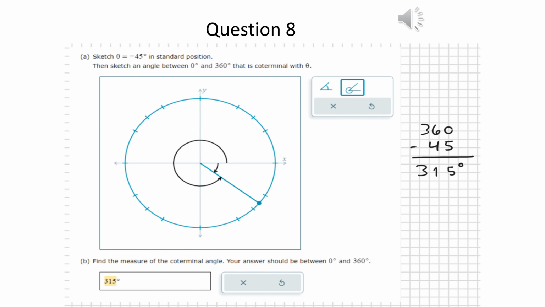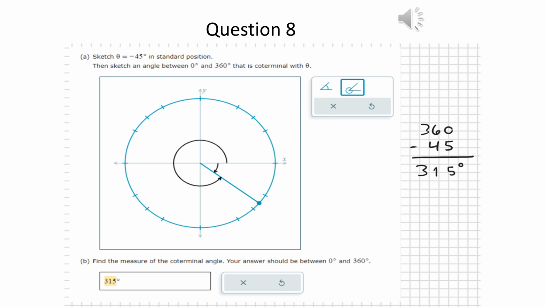Okay, in this question, sketch negative 45 degrees in standard position. Okay, I did that. Look. And then sketch the coterminal. Coterminal is the angle that has the same terminal side. But in this case, it would be counterclockwise.